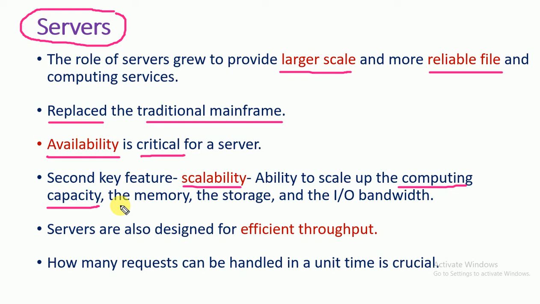Similarly the memory, the storage, and so on, because if we want to download more data, that performance must be scaled up accordingly. Sometimes I want to download a video, which as we know is a larger process than downloading a simple Word file. So the server must act for accessing the data from the memory, and it should also focus on the IO bandwidth, because on our client side we will be using some input device where we are typing some data, some input is given and the output is generated by the server.